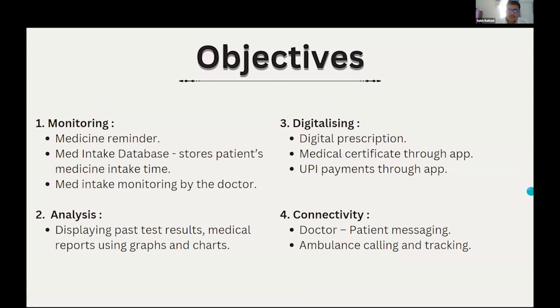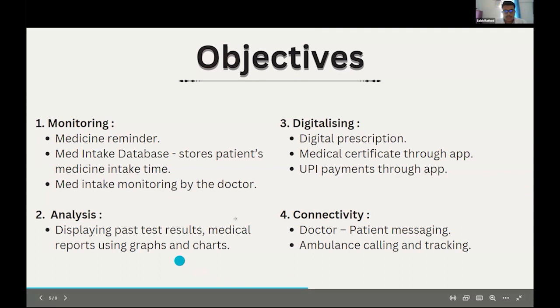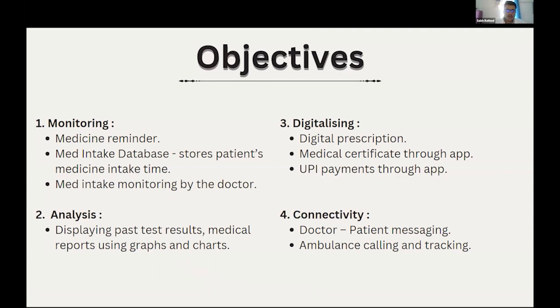There's analysis: the display of past test results, medical reports, and all that stuff can be displayed right on the app through presentations like bar graphs, histograms, pie charts, and other visuals.